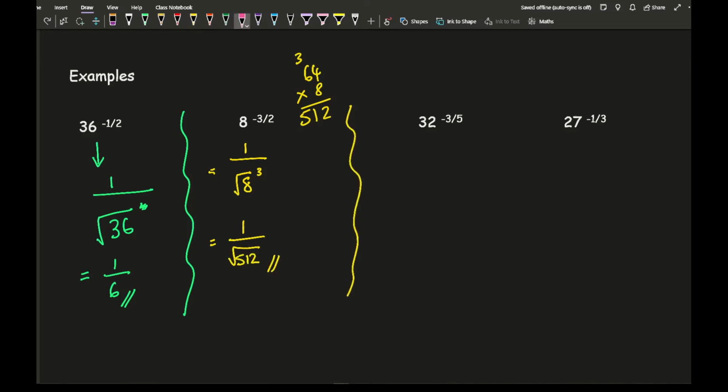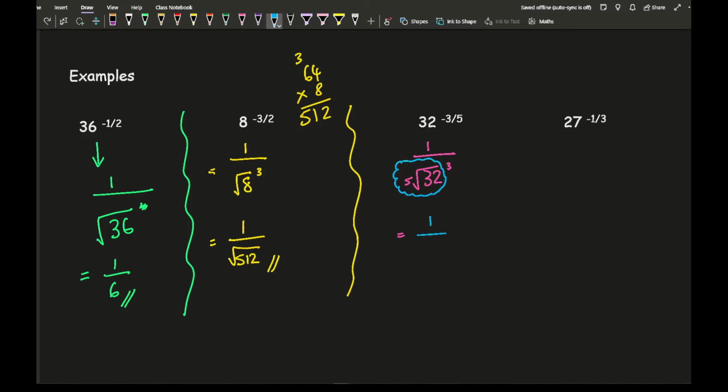Here I've got 1 over again because of the minus: 32 to the power of 3 over 5. With 32, it's just a case of recognizing that it's 2 to the power of 5. So let's think about doing the root first. 32 to the root of 5 is going to be 2.